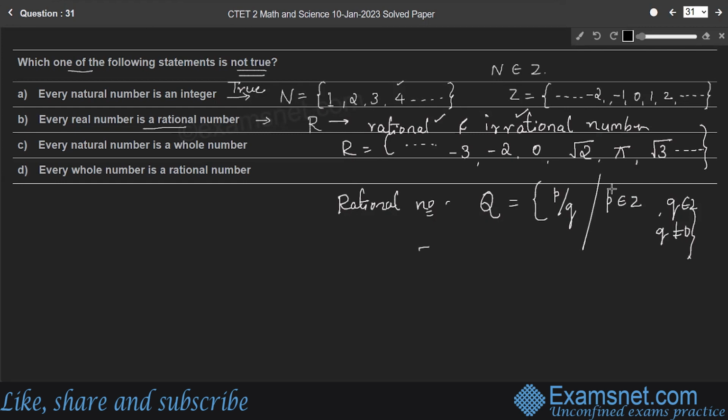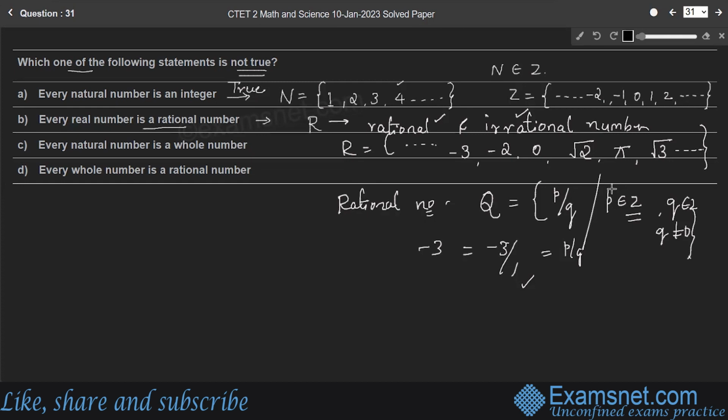For example, -3. -3 can be expressed as -3 by 1, right? In the form p by q, where -3 belongs to the set of integers, a negative integer, and 1 also belongs to the set of integers, a positive integer. Therefore, such numbers are called rational numbers.